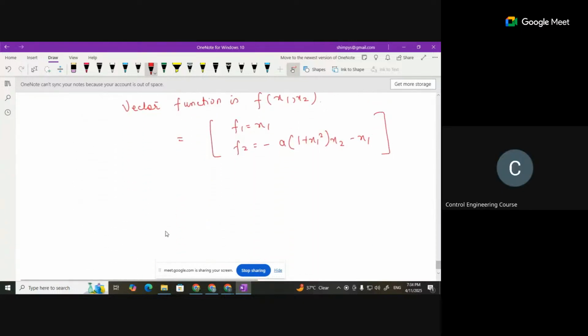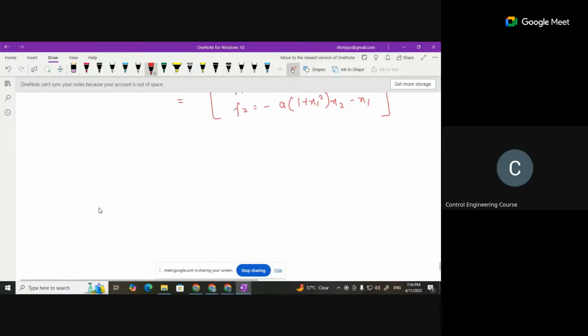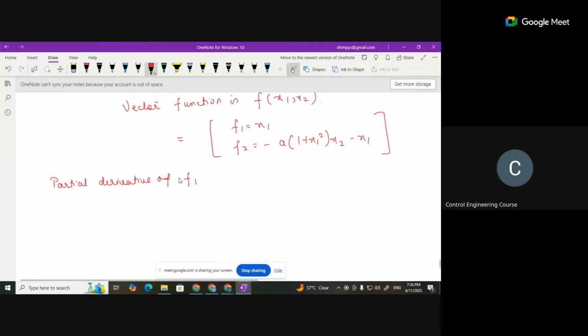Okay. So now we have to form the Jacobian matrix. What we have to do is find the partial derivative of f1. That is what we have taken as x1, right? So tell me what it will be.